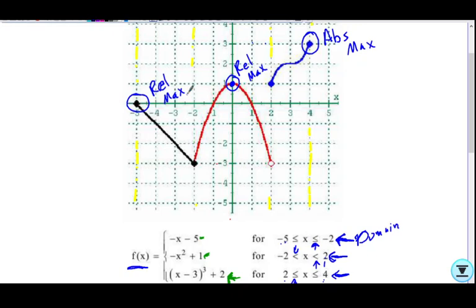Same thing with minimums. So if I'm finding minimums, this right here is a relative minimum. This right here is a relative minimum. But which one is my absolute minimum?